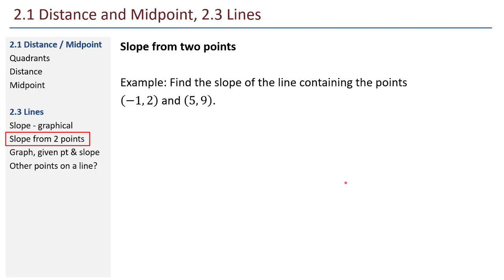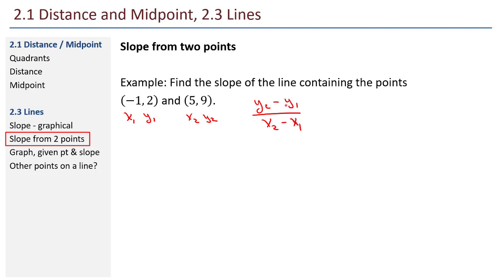For example, let's try this one. Let's find the slope of the line containing the points -1, 2, and 5, 9. I can call this x1, y1, and x2, y2. So I'll figure this out as y2 minus y1 over x2 minus x1. Be sure that your subscripts match.